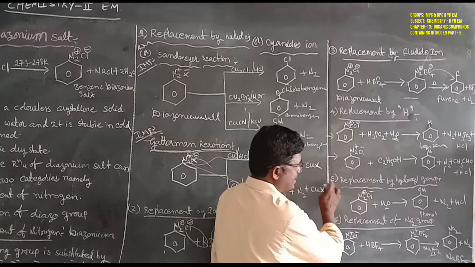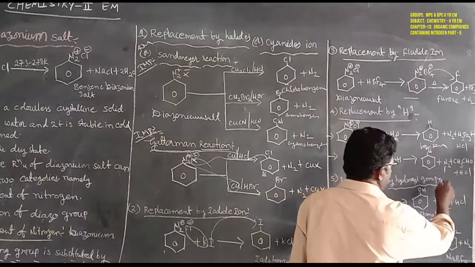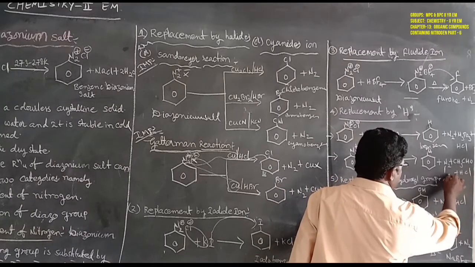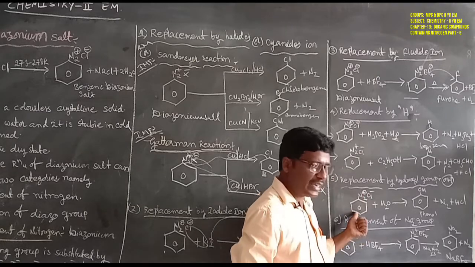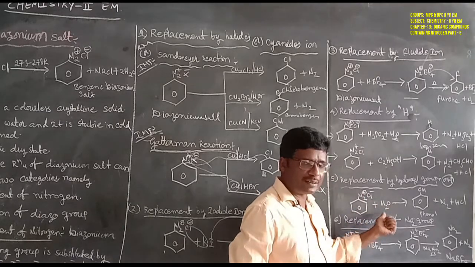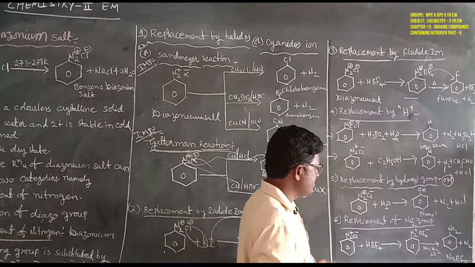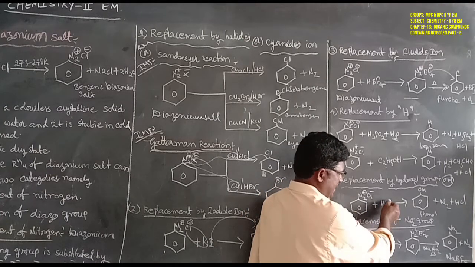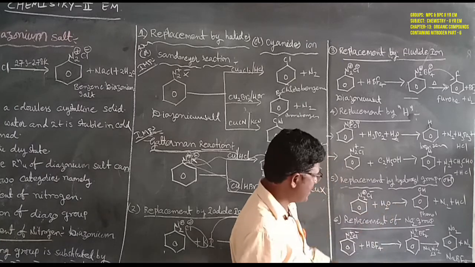Next one, fifth one is the replacement by the hydroxyl group. Hydroxyl group also known as a OH minus ion. Here is the benzene diazonium chloride treated with the water molecule H2O. Water consists the H plus ion and OH minus ion.